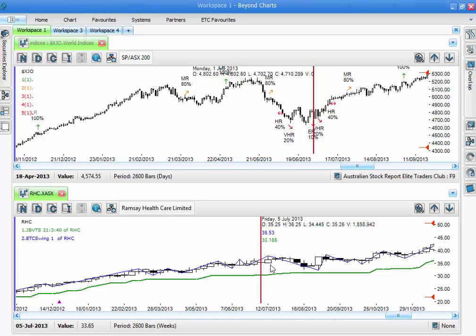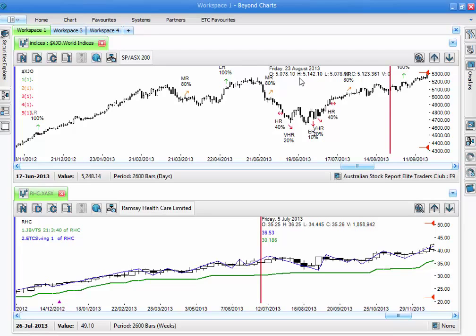Now, clearly at this particular point, look what's happened to the market. The market has sold off very, very heavily, and yet this stock is still holding up very, very well. A little bit further, as the market starts to recover and move towards the upside, we go into more of a moderate market risk and even into a low market risk eventually.